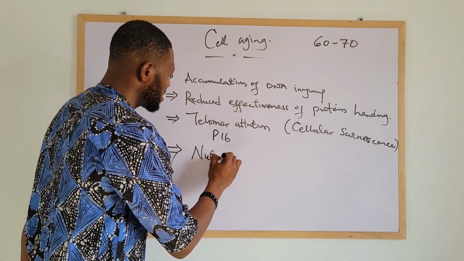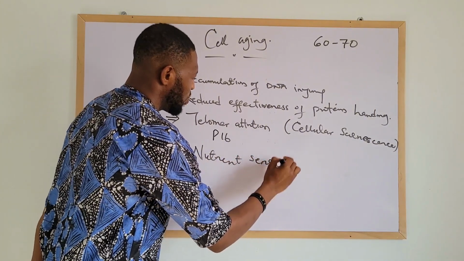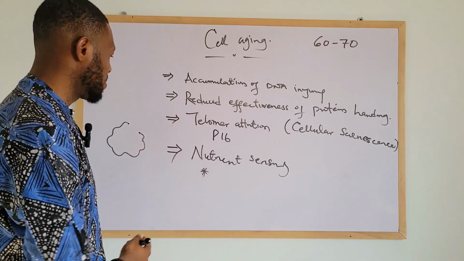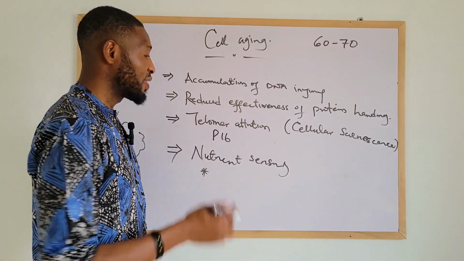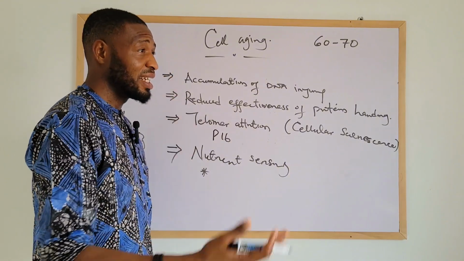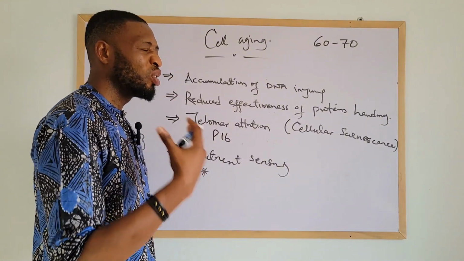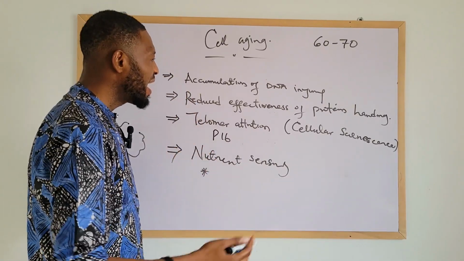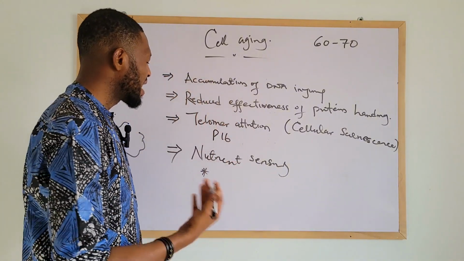One other reason for cell aging is what we call nutrient sensing of the cell. One interesting thing is that caloric restriction prolongs life. There is some evidence of this, so that when there's a lot of intake, it will inspire cell division, and of course all of these defects can happen.